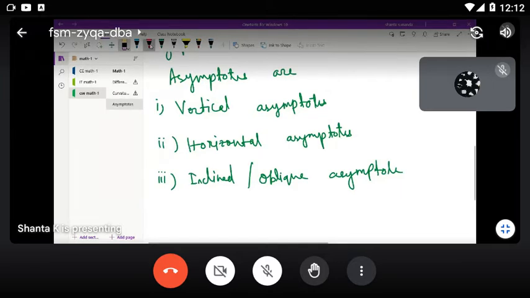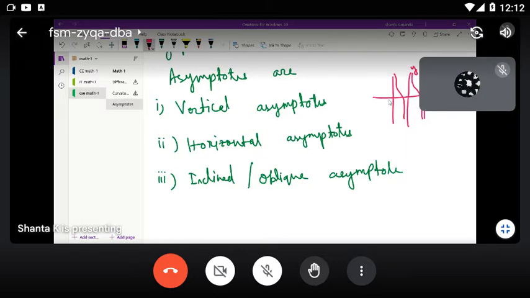Let me draw here. So this is y, this is x. For the vertical asymptotes, for example, it's parallel to the y-axis. If you remember, tan x also has this type of graph.